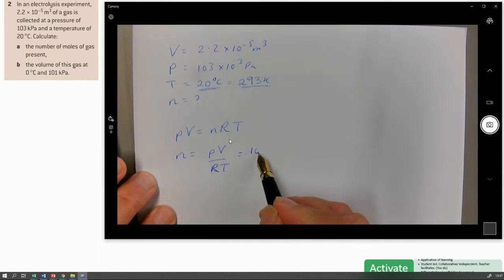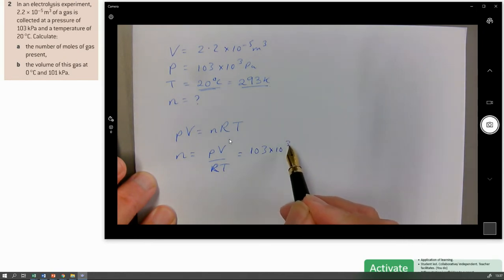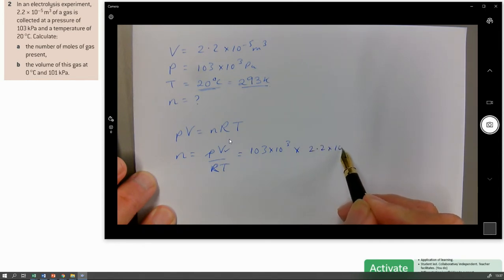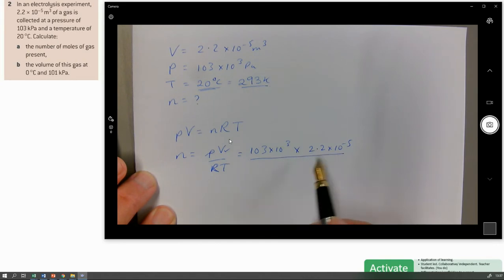We have 103 times 10 to the power 3, that's pressure, times by the volume, which was 2.2 times 10 to the minus 5. Do you notice I'm crossing these little values up as I do them? All divided by the gas constant, which is 8.31, and then multiplied by the temperature, 293 Kelvin, which equals.